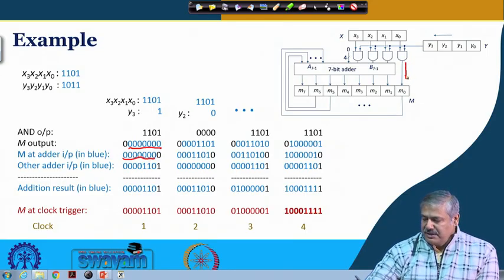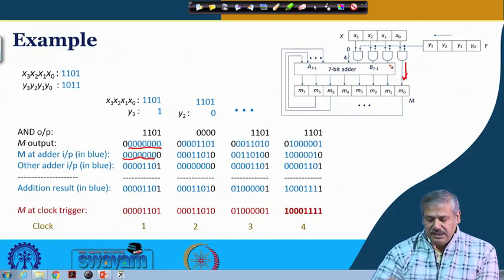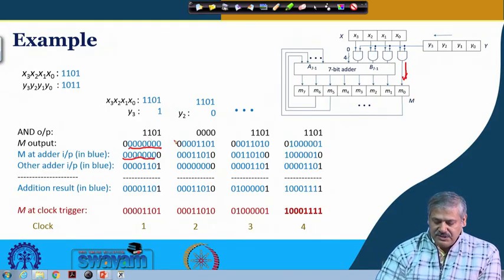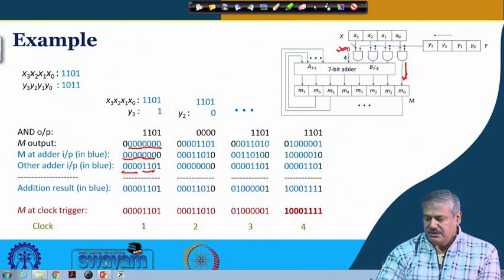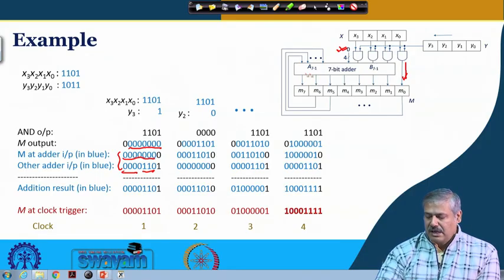This one is not used, this is coming directly, as per the circuit diagram you can see, to the M0. And the rest 3, that means 1, 1, 0, with the rest 4 being 0. That is, these 7 bits are going as A and B for the adder.